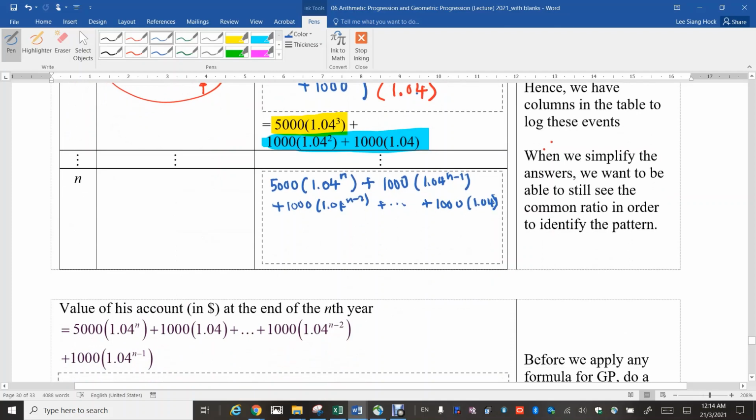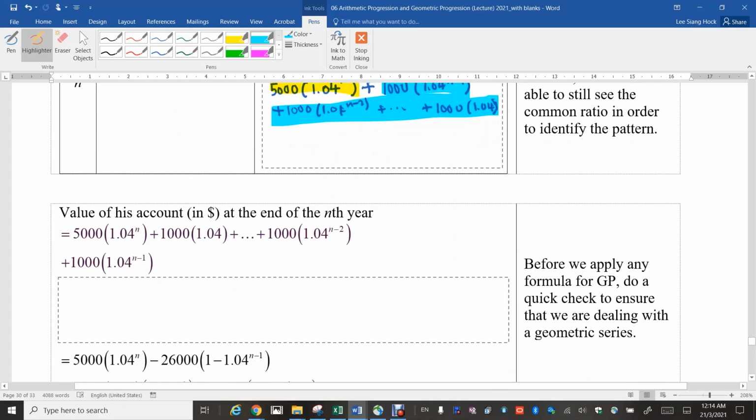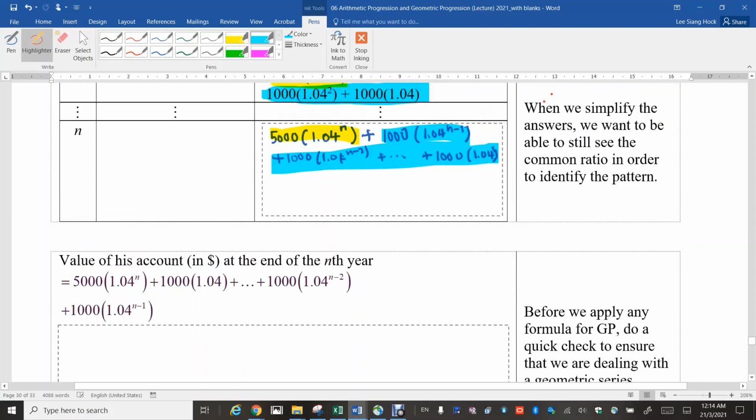So again, there are two parts: there's a 5,000 part, and then there is 1,000 multiplied by a different power of 1.04. If we were to write it out, the value of his account, the money in his account at the end of the nth year, will be this sum: 5,000 times 1.04 to the n, which is the yellow color part, and then this is the blue color part.